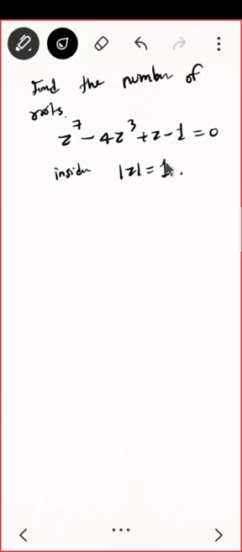How will you solve this? Can you do it directly, or do you have any trick? This is degree 7, this is not degree 2. You cannot directly do this question.